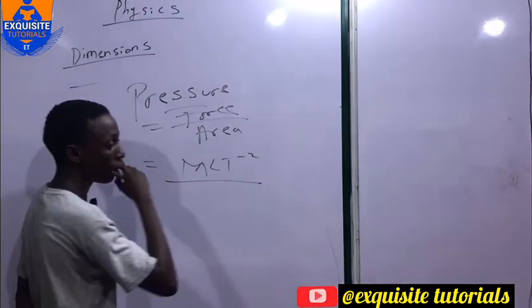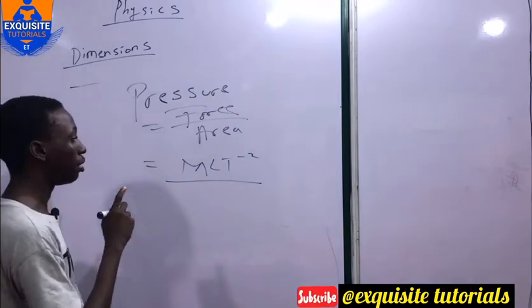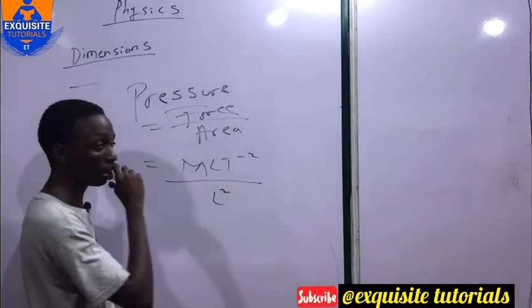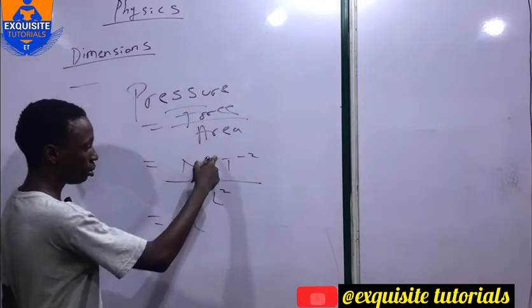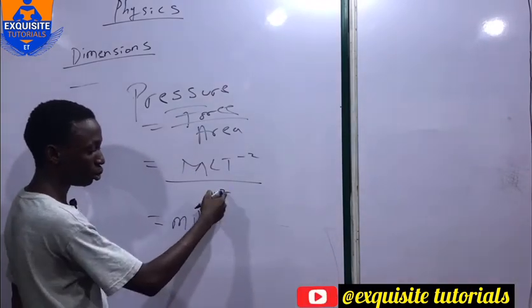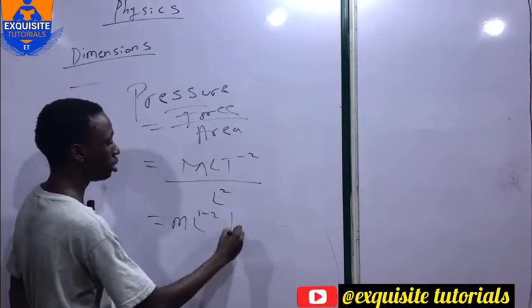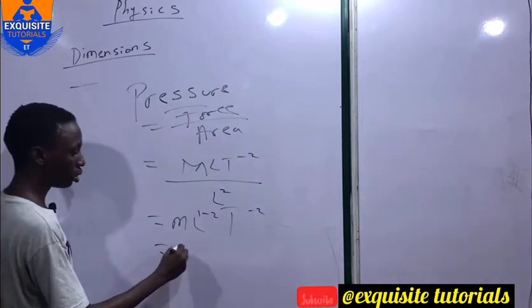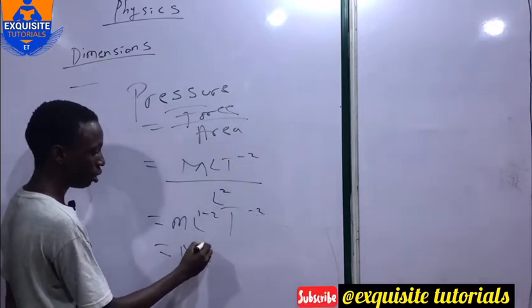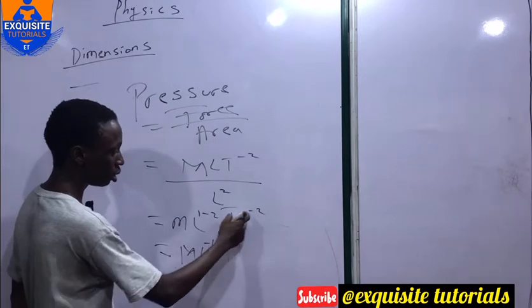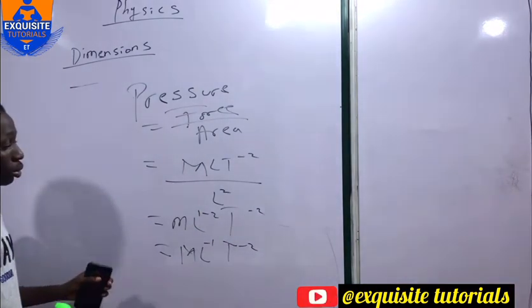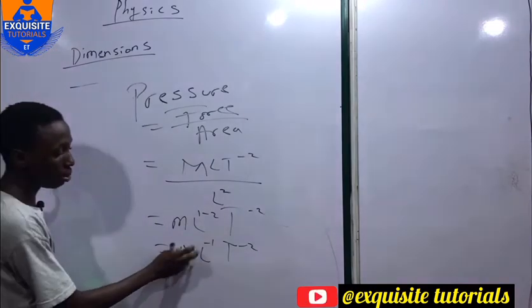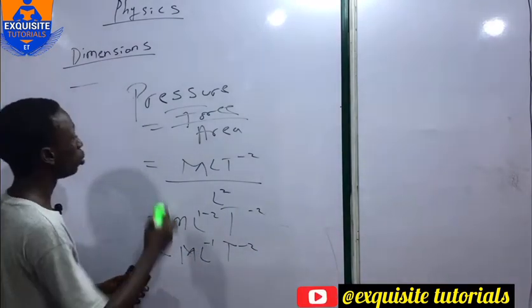We derived area earlier, and we know that area is L squared. So this becomes ML^-1T^-2. This will be the dimension for pressure, ML^-1T^-2.